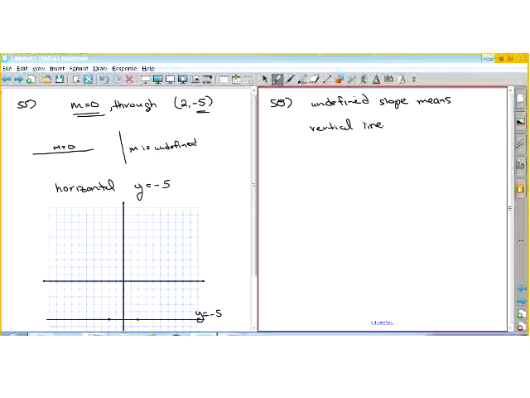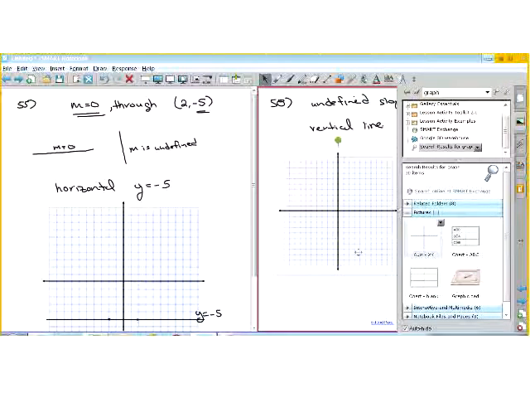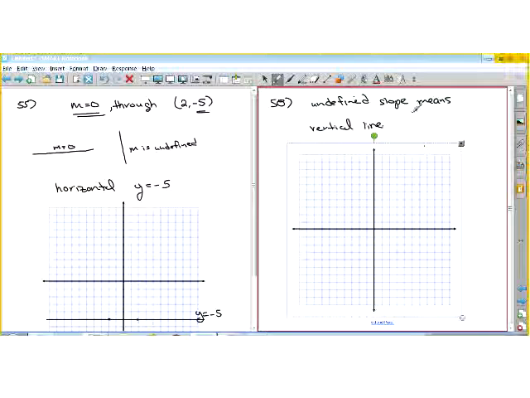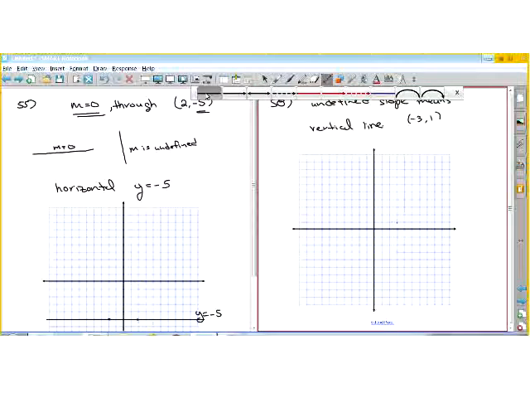And so if we get a graph paper again, and we plot the point, which was -3, 1. So we go -3, 1. That's there. So if you have a vertical line that goes through this point, there's only one vertical line that goes through the point. So let's go like that.